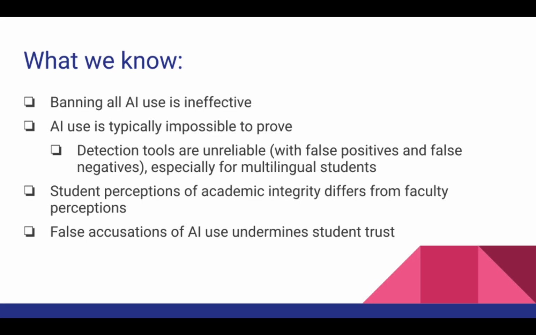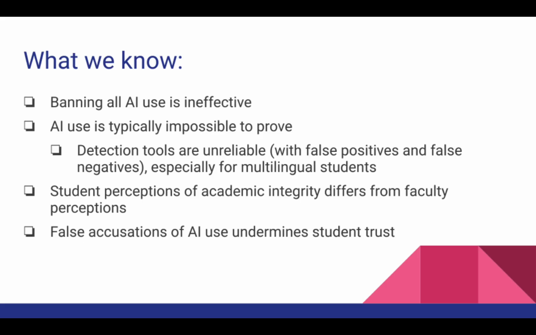One problem, though, is that false accusations of AI use generally tend to undermine student trust and make the relationship between instructors and students a bit more challenging. We want to be able to support students, encourage students, but if they don't trust us or think that we're out just to catch them using AI, that can make for a less productive classroom environment.